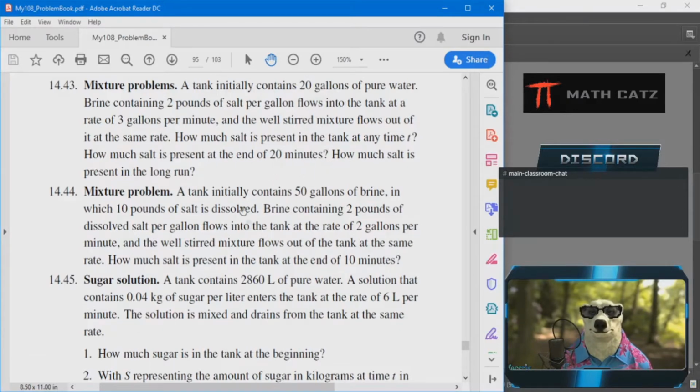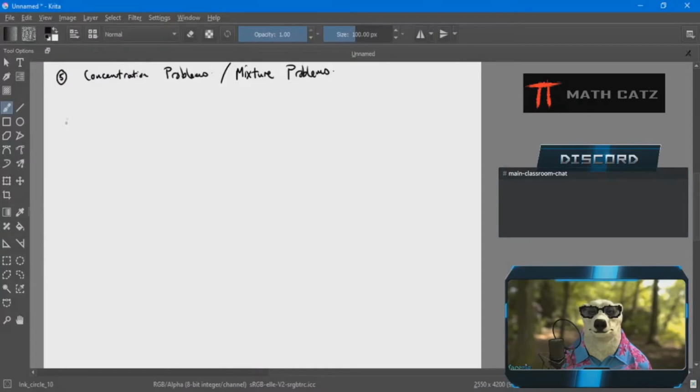Just the setup first. So let's get creative and draw a little picture here, so I can visualize what is happening. A picture always does so much good. Gives me time to just settle into the question and see what is happening. So some stuff's coming in, some stuff's going out.